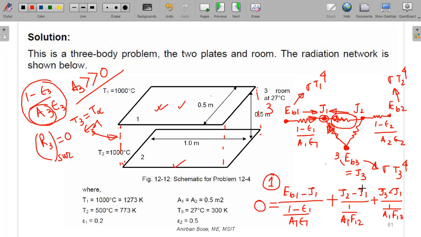So for node 1 we can apply it this way. You just write the expression at node 2 considering this direction and this direction, and these two equations will help you solve for J1 and J2, because these are the only two unknowns.